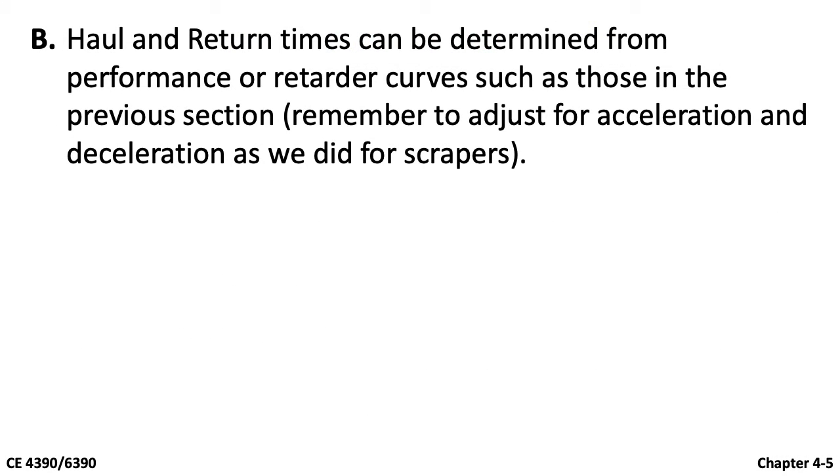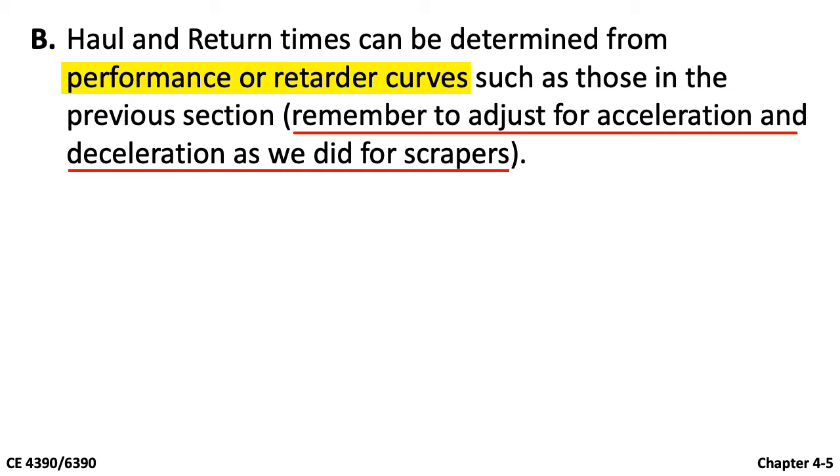For hauling and return times, we can determine using performance or retarder curves as explained earlier, and also remember that we need to adjust the maximum speed for acceleration and deceleration as we did for scrapers.